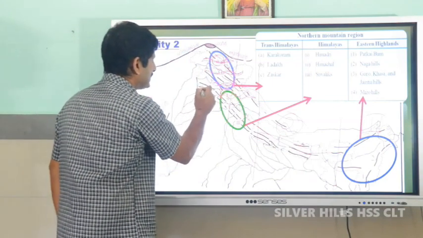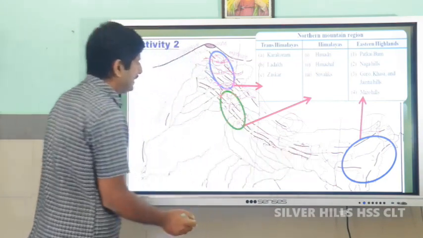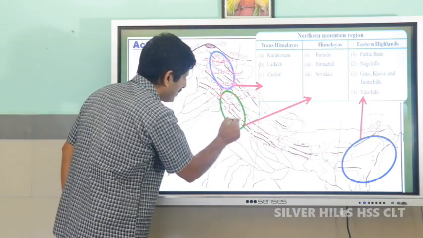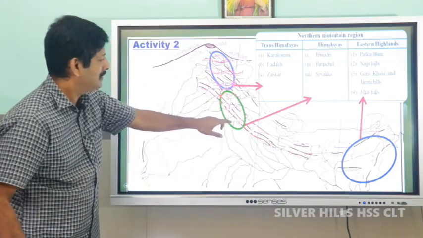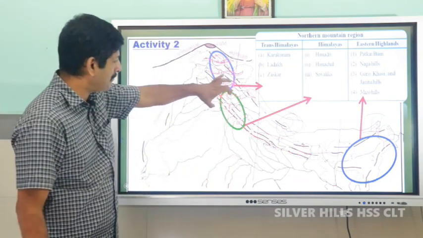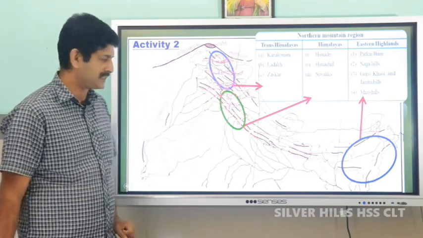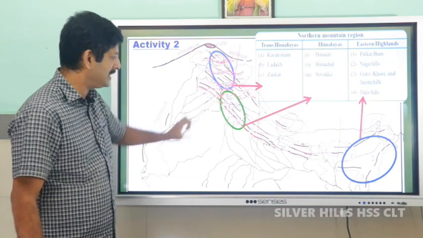The second one is the Himachal, and near to India, it is called the Shivaliks. We call it Shivalik. These are the 3 important mountain ranges of the Himalayas: Himadri, Himachal and Shivalik.